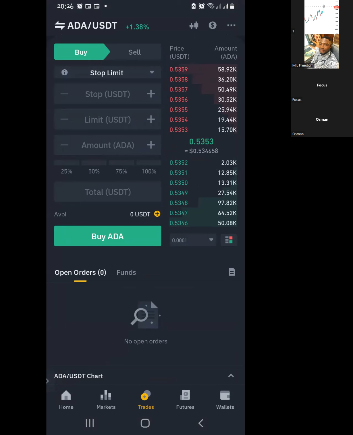So it becomes disadvantageous. Let's use ADA, and the price of ADA drops to say 0.50. It is possible that it's going to dip further, so you don't want to buy at that price and then it dips further and you run into loss.